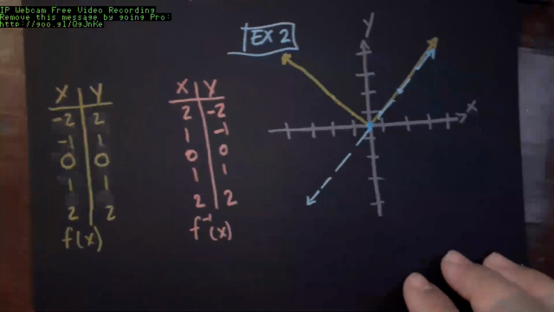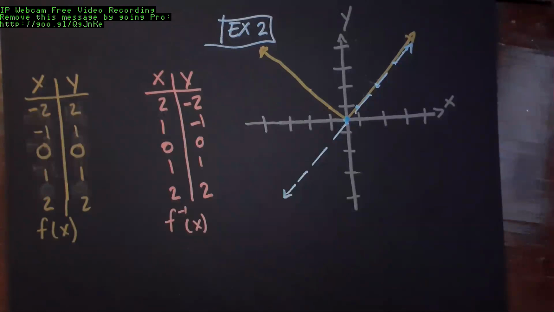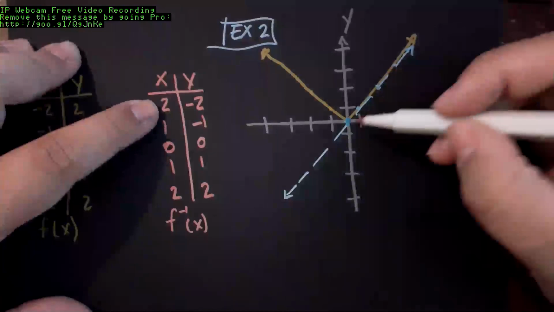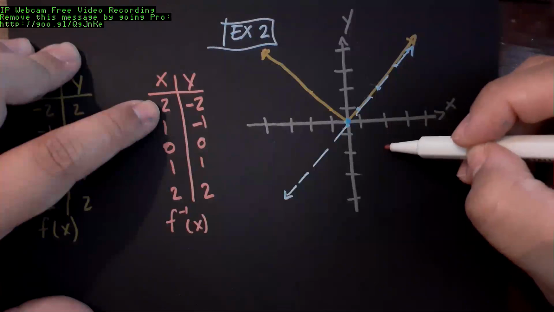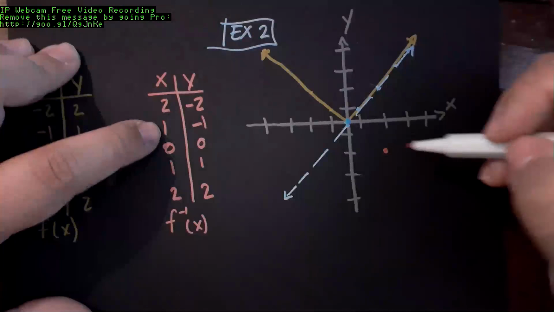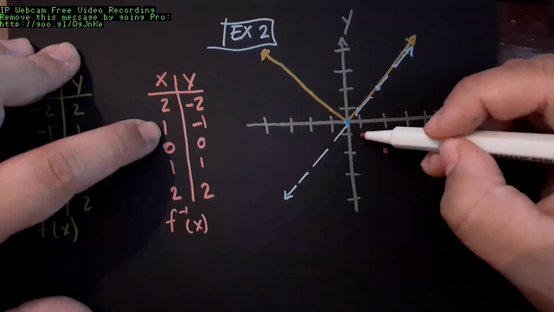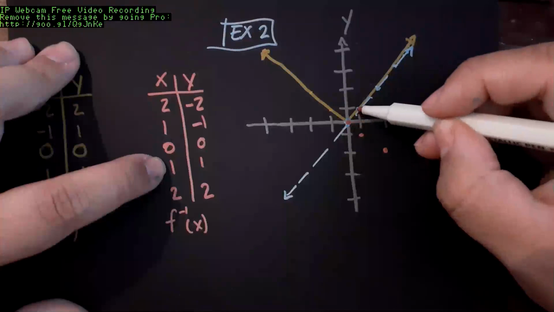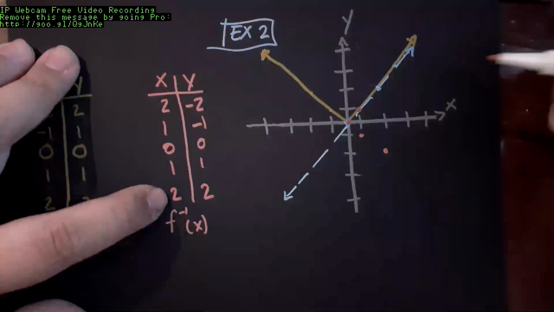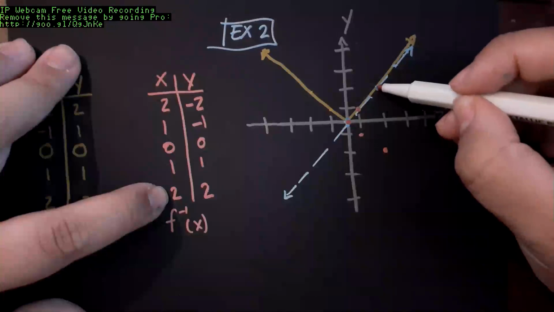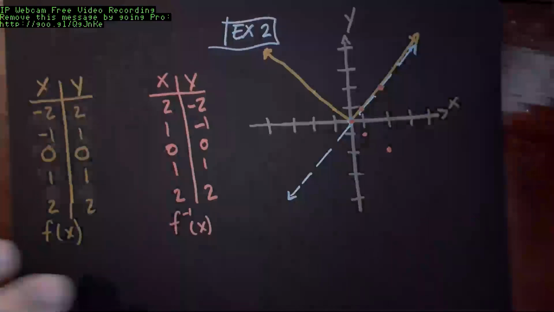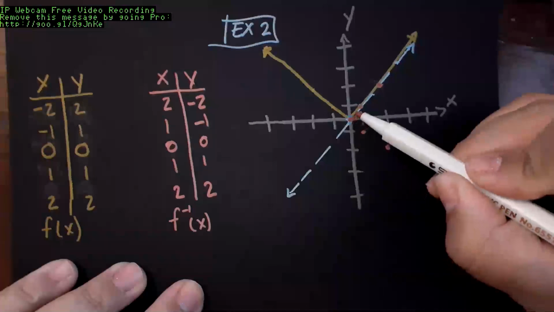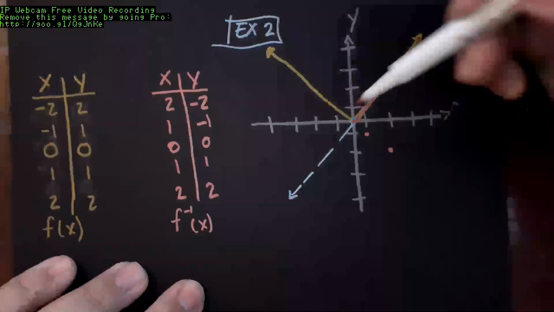So let's go ahead and plot those points. I'm going to start with 2, go down to -2, 1, go down to -1, 0, 0 stays the same, 1, 1 stays the same, and 2, 2 stays the same. Okay, so let's go ahead and connect our dots.